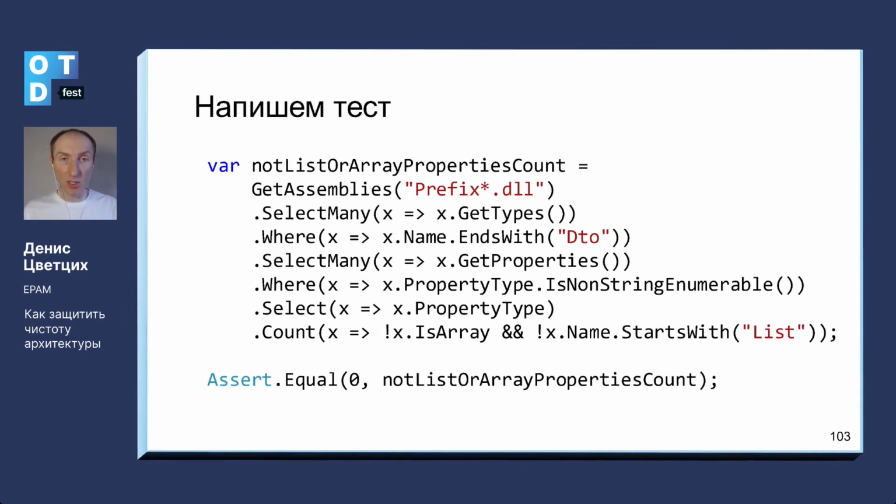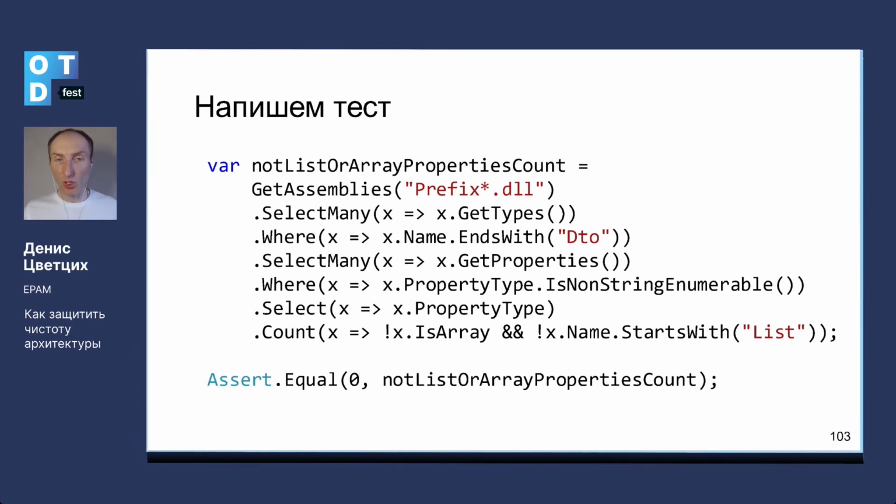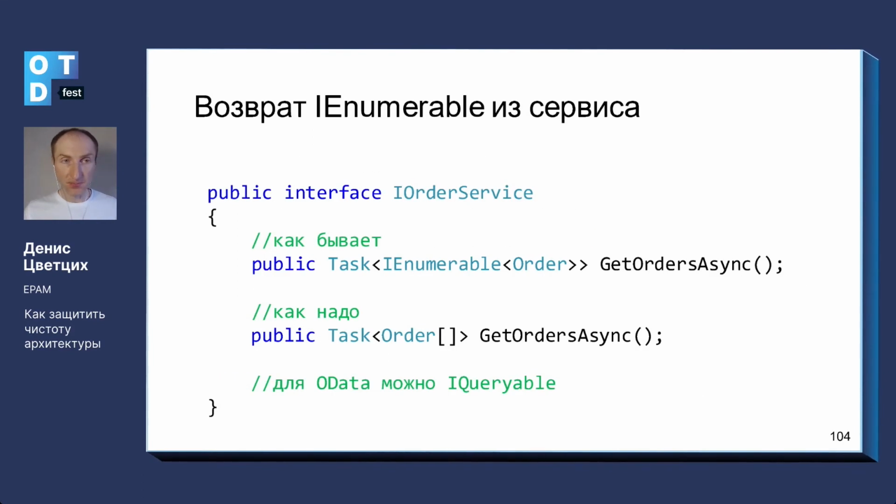For example, in several lines, we get all assemblies with our prefixes. We derive all details, all parameters and properties, string and enumerable.